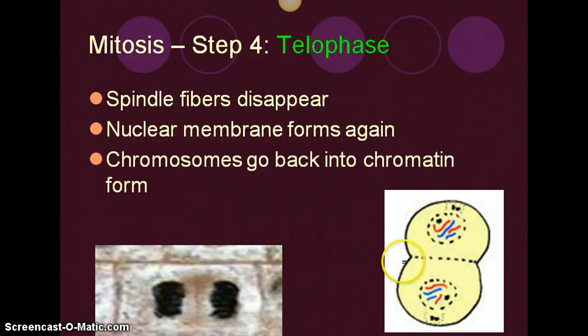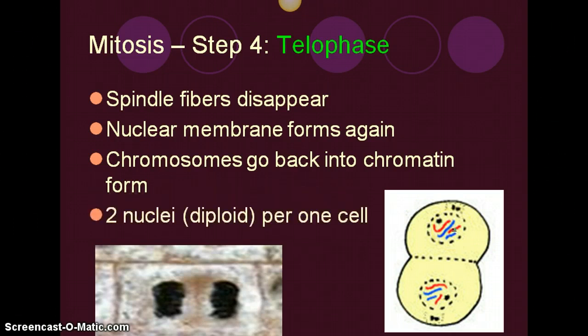Chromosomes go back into chromatin, so we start to not see the actual identifiable chromosomes anymore. And then 2 nuclei per one cell. So we have a nucleus here, we have a nucleus here. We start to see this little pinching off between the cells. That's going to lead us into our next stage where they actually do break apart and make 2 whole new cells.